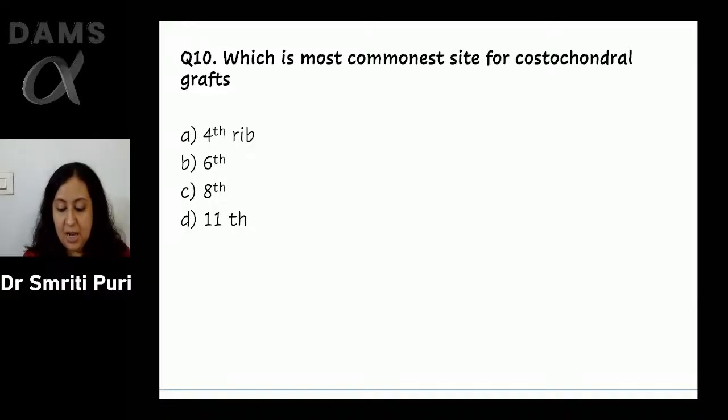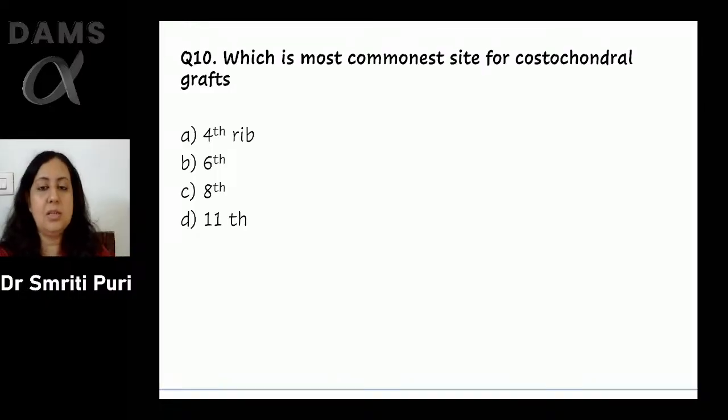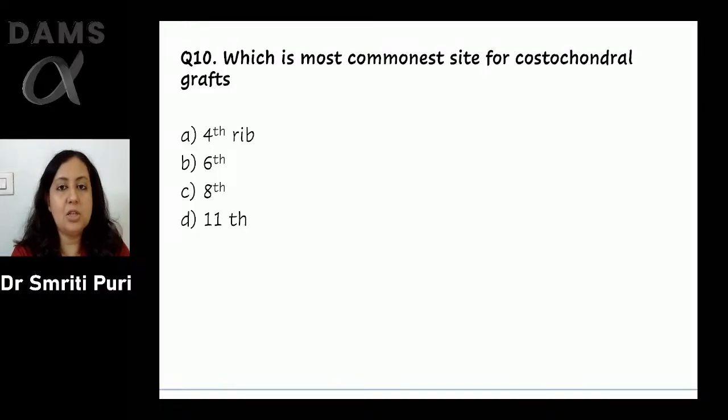Coming to question number 10, which is the most common site for costochondral grafts? A. 4th rib, B. 6th rib, C. 8th rib, and D. 11th rib. Again, a very simple, straightforward question. It's mentioned in my notes also. Please answer all these questions.